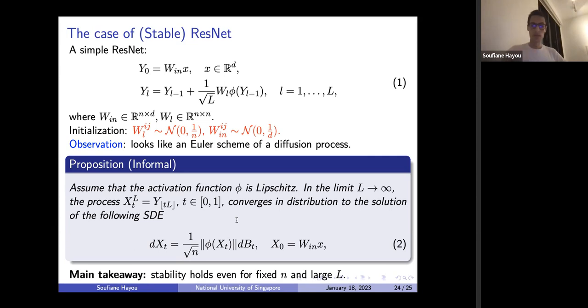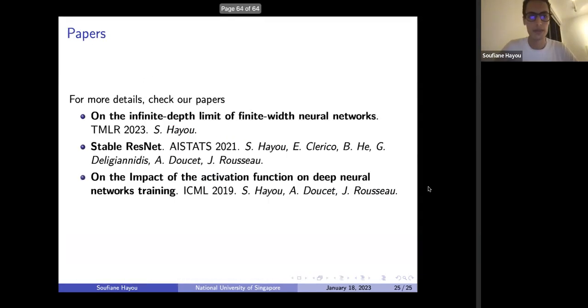The result says that this stability holds even for fixed width n and large depth L. So this scaling is also good for this kind of fixed width, infinite depth, or large depth neural networks.